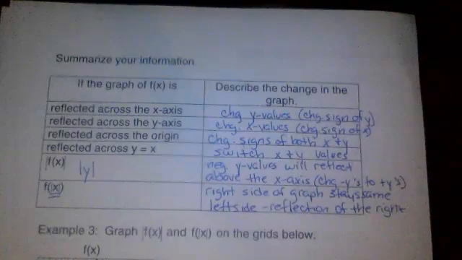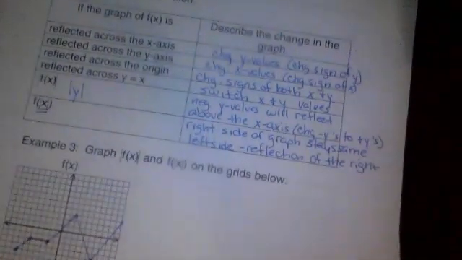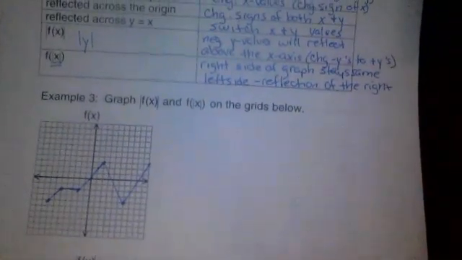Okay, so down here we have a graph of f(x), and we're going to review making the graphs of the absolute value of f(x) and the f of the absolute value of x graphs. So the first thing we want to do is choose our points.